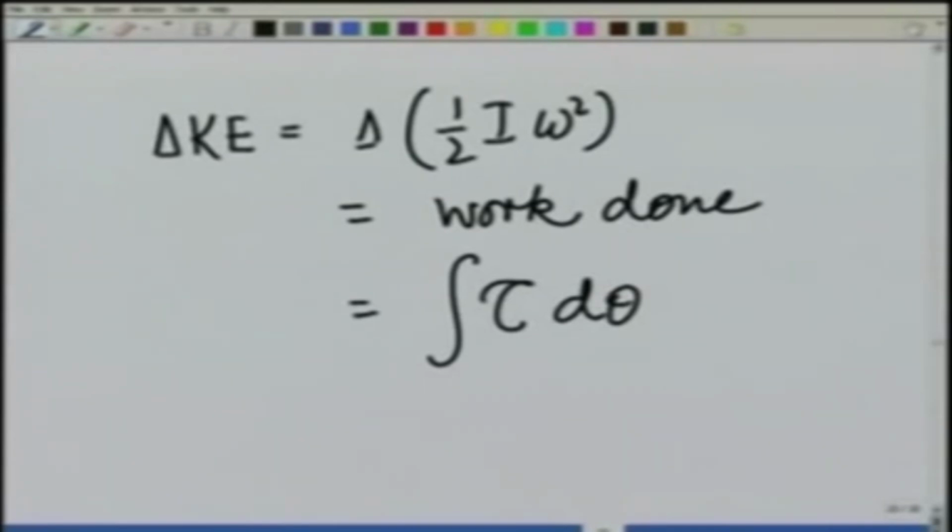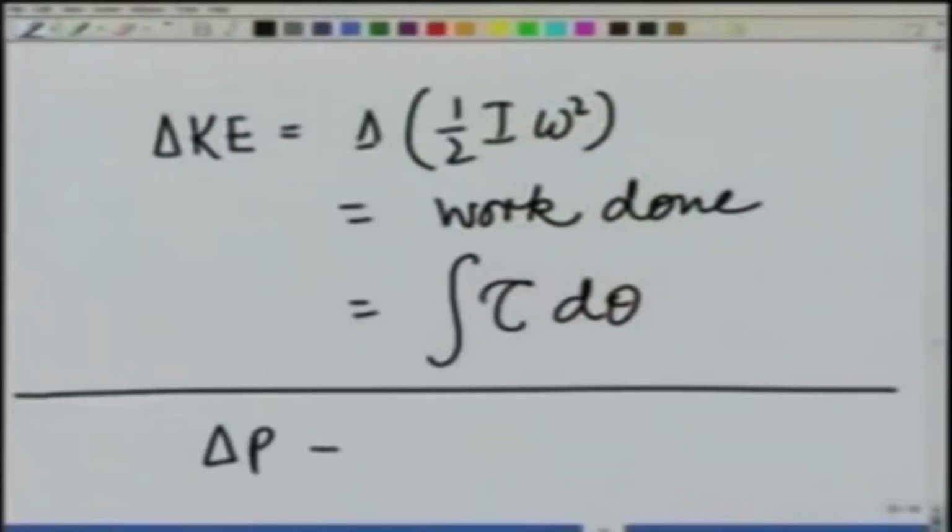Similarly, if I apply an impulse to a single body, what happens to its momentum? Its momentum changes by the amount of impulse f dt. In the similar manner, if I apply an impulse and that provides a torque, its angular momentum is going to change by the torque impulse.